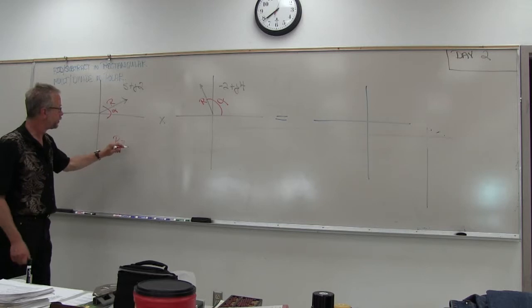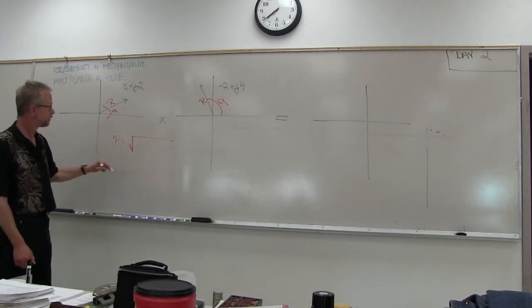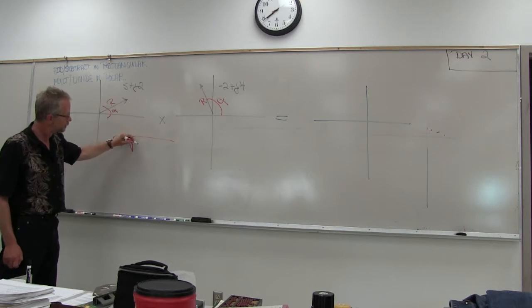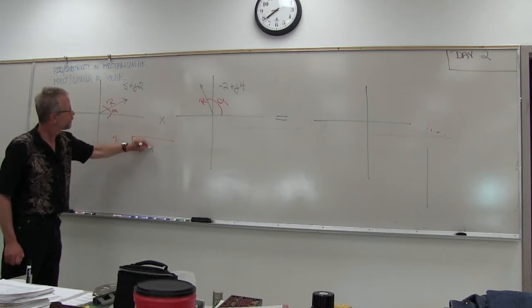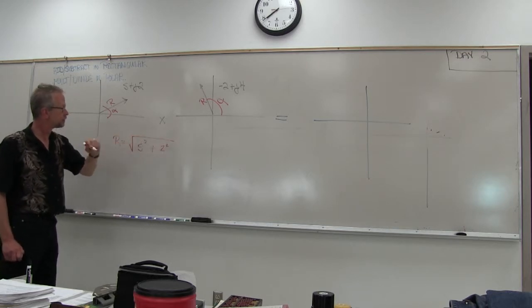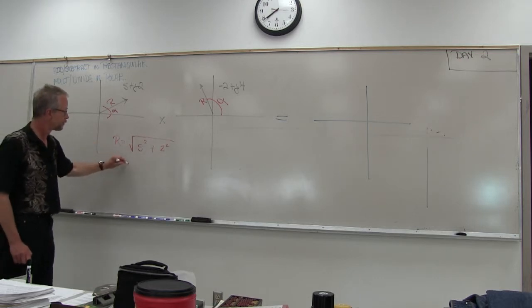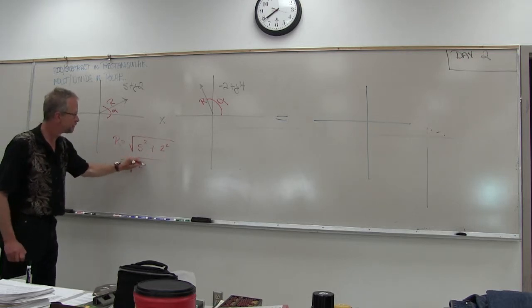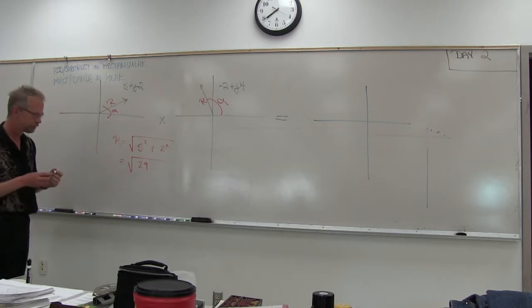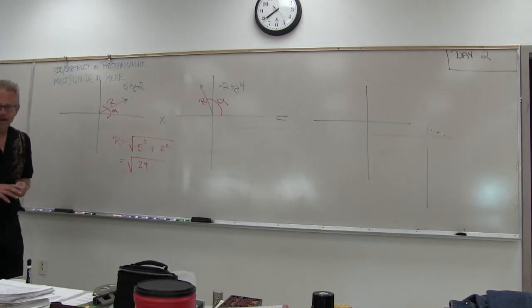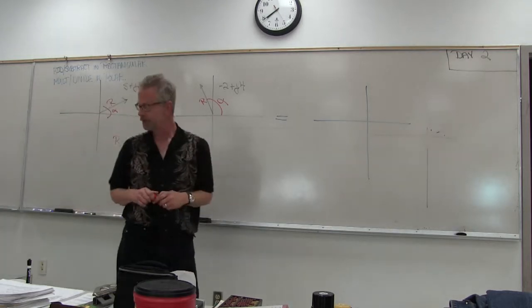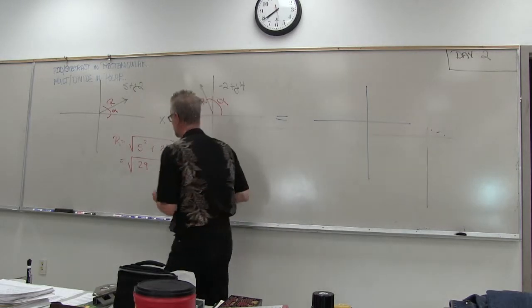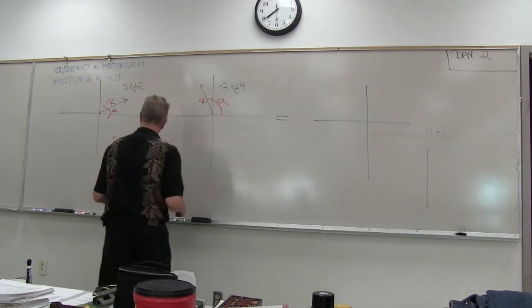Radius is equal to what? Square root of 5 squared plus 2 squared, equals the square root of 29, which is what, 5.5, something? 5.38.